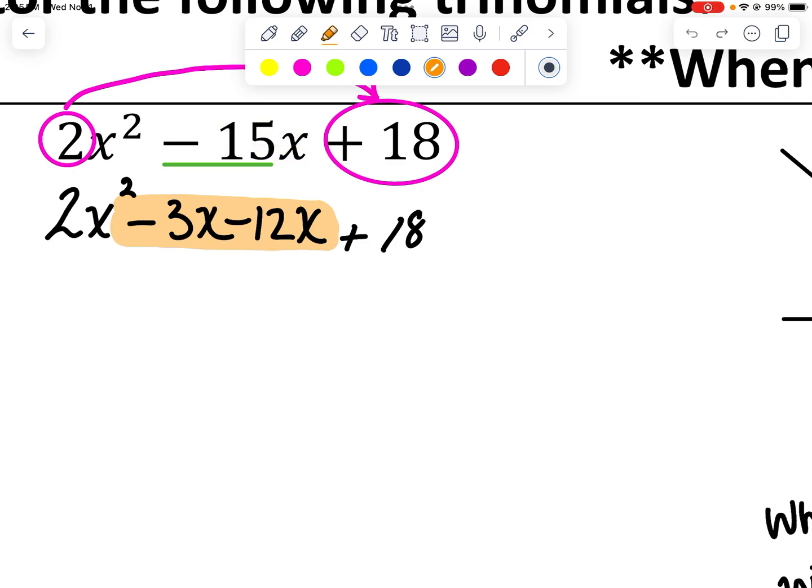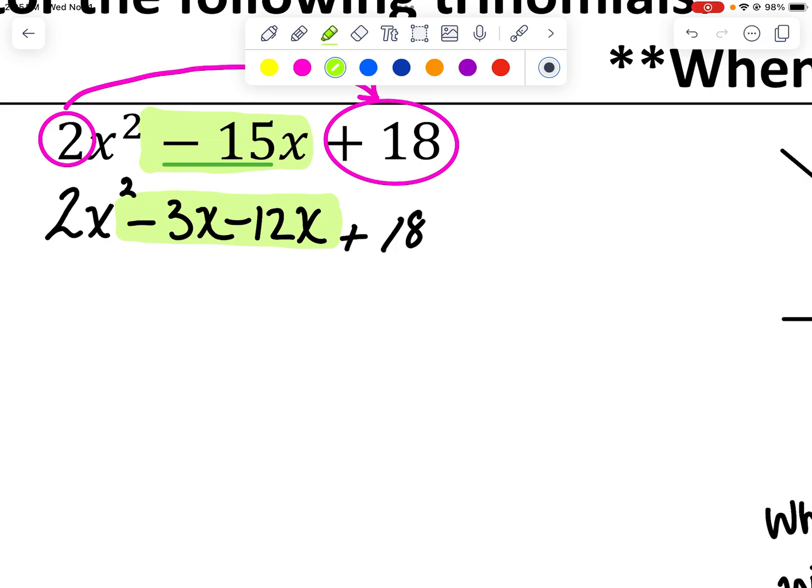Probably should have done that with green ink. If I took these two terms in the middle and joined them together, they give me this term. So that's called splitting the middle term. In other words, the negative 15 could be written as negative 3 and negative 12.